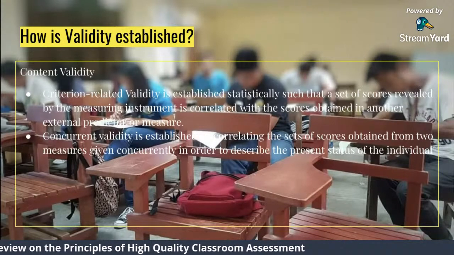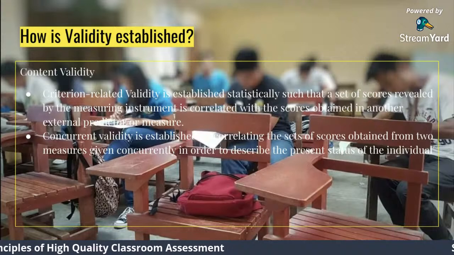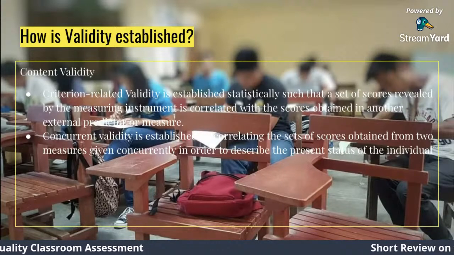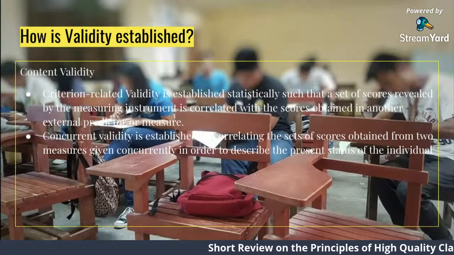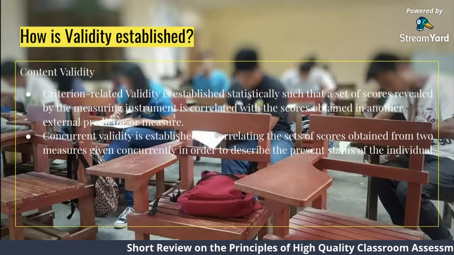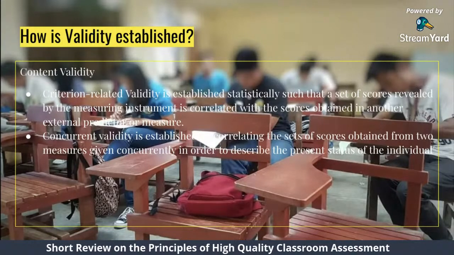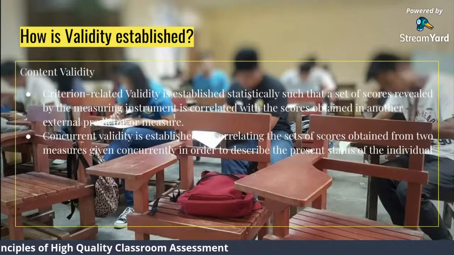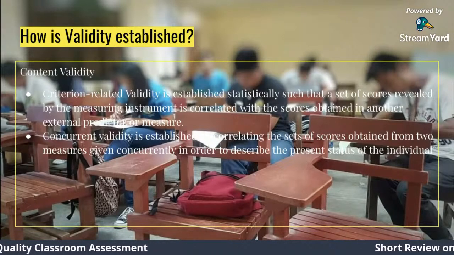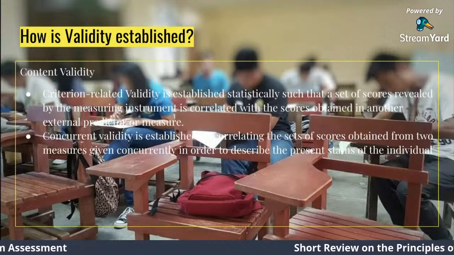Now, what is predictive validity? Okay, we can establish this by correlating sets of scores obtained from two measures given at a longer time interval in order to describe the future performance of an individual. So there are two measures. The first measure is given, and then there is a longer interval before the second measure is given.